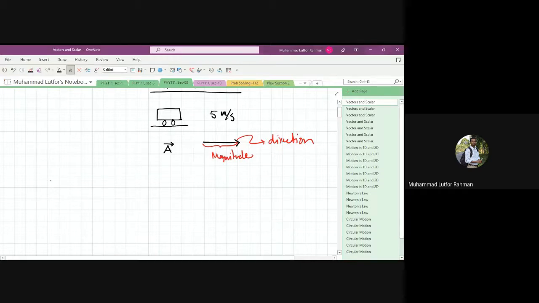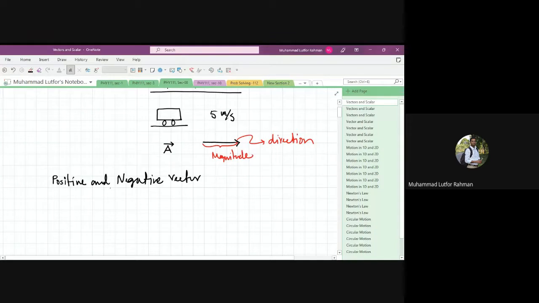All right, so that's how we can represent the vector graphically. There are different types of vectors we'll talk about here. So the first one I could say is the positive and the negative vector. What is that?